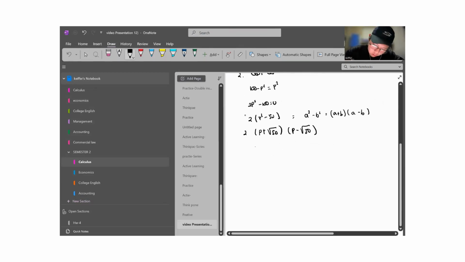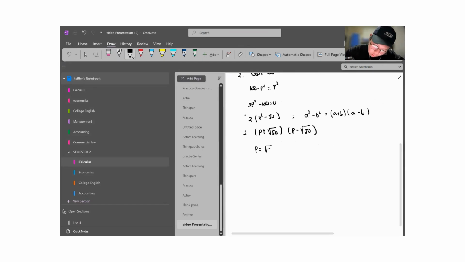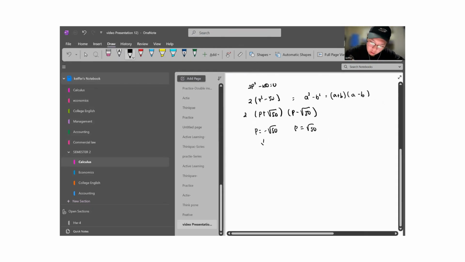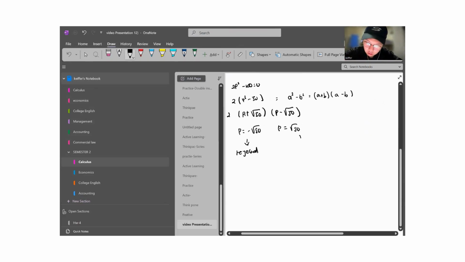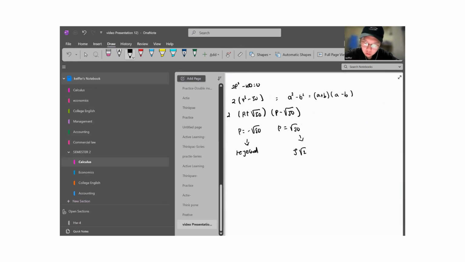So P equals minus root 50, and this is P equals root 50. This is rejected because a price and output cannot be minus. So we choose this. If we simplify this, 5 square root of 2 equals 7.07.